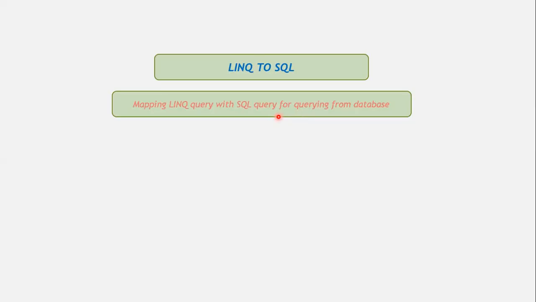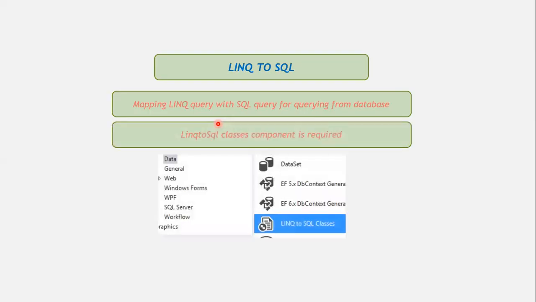The concept behind LINQ to SQL is that we will be using the objects or the names of classes and the LINQ query in order to access the values. But at the backend, an SQL query will be used by the LINQ to SQL provider automatically. To work with databases by using LINQ, we use LINQ to SQL classes.